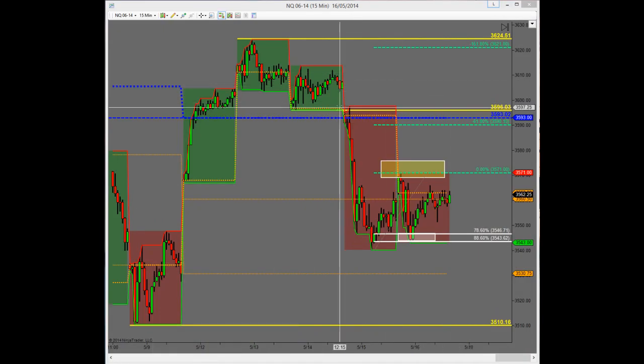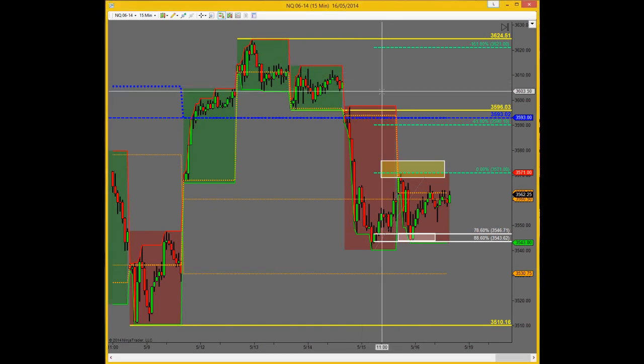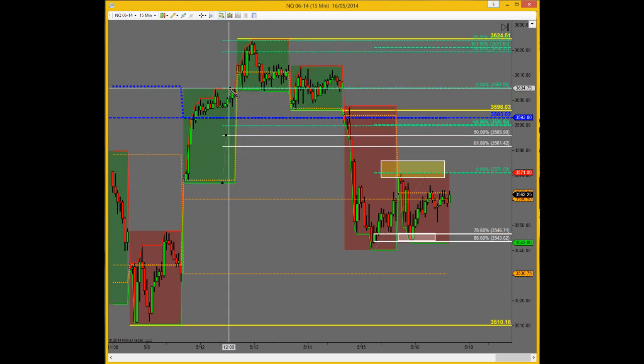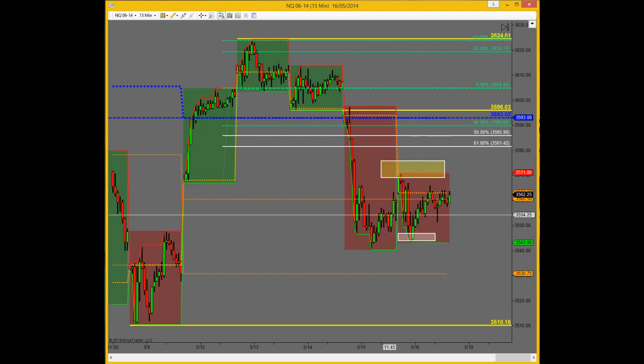I also want to show you something else. For example here, if you use my traditional measuring levels, I'm gonna erase this. You see that you can find levels, minor levels, minor zones.